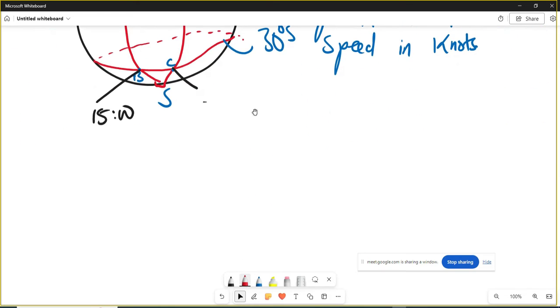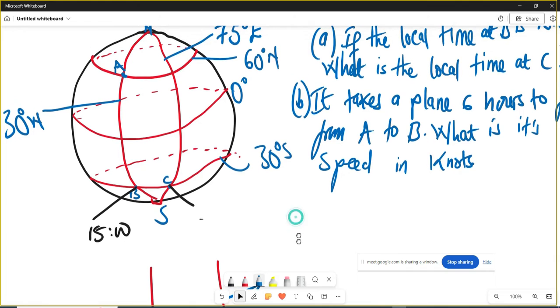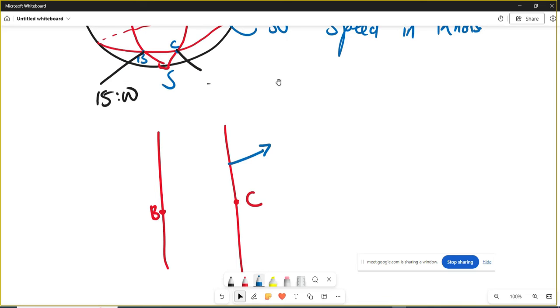So in short, I can make a summary of the diagram by just drawing the longitude. We have these two longitudes. The one longitude is where B is, and the other longitude is where C is located. Now we need to know the value of each longitude. The longitude for C, if we go on top here, is 75 degrees east.